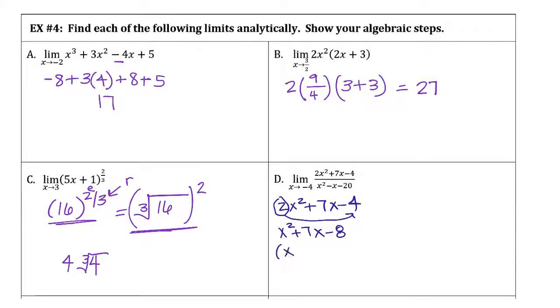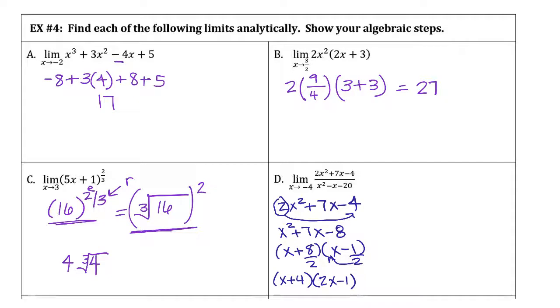And so I see that that's going to factor into positive 8 and negative 1. And then I come back and divide by 2 because that's what I multiplied over by. And so let's see, that's going to give me factored form x plus 4. And then over here, remember to move that 2 up after you try to reduce, and you get 2x minus 1.